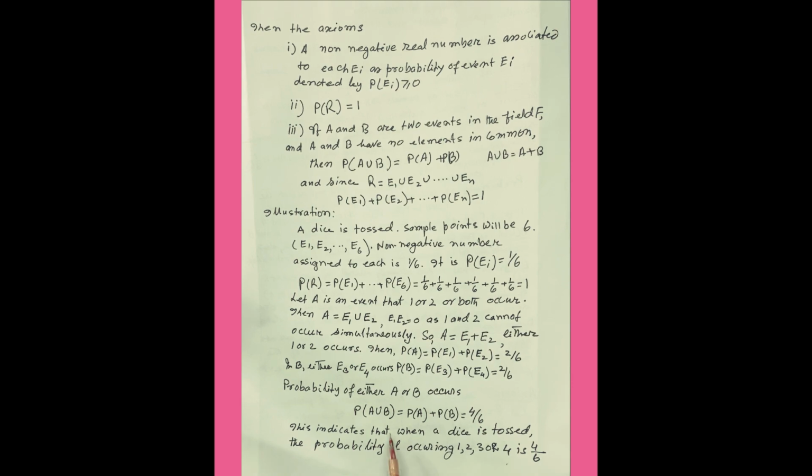For A, 1 and 2, for B, 3 or 4, so the probability is 2 by 6 plus 2 by 6, equal to 4 by 6.